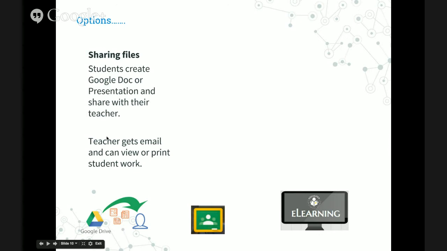As a teacher, you get an email, and then you can look in your Shared with me and view, print, and look at the work. So that's one way. We're going to show an example, because it shows later all the things that Google Classroom automates for you.